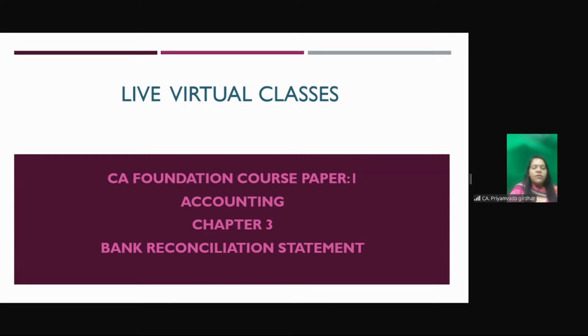This will be explained in this session, as well as in another session for Chapter 3, Bank Reconciliation Statement. One major topic of this chapter is the adjusted cash book. You must have read it in your study material also. Why is it to be prepared and how is it to be prepared? Sir will explain.